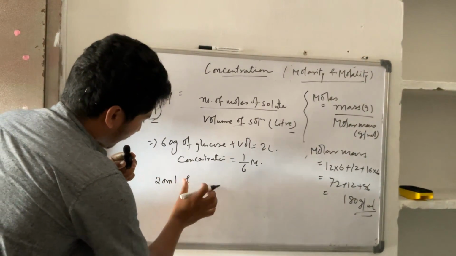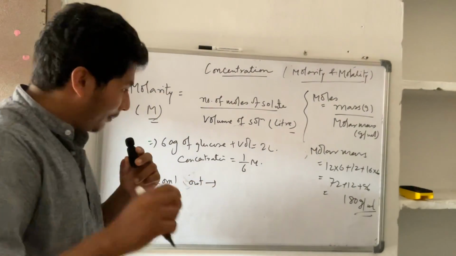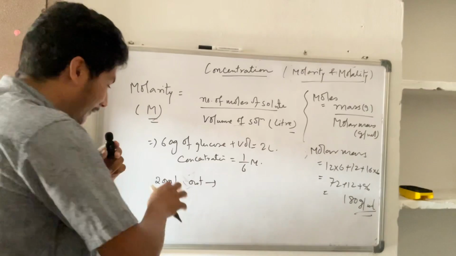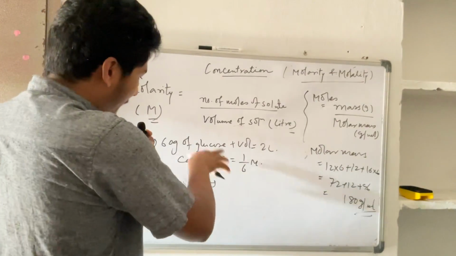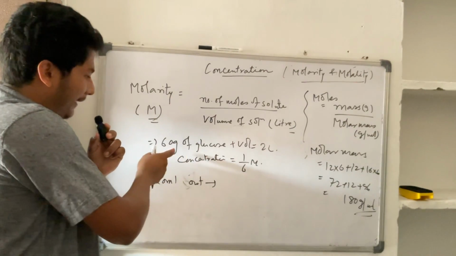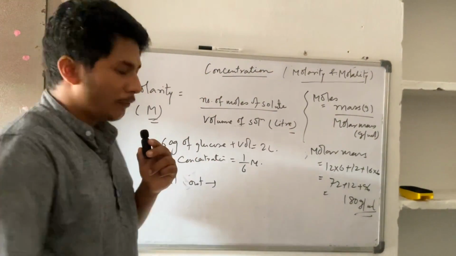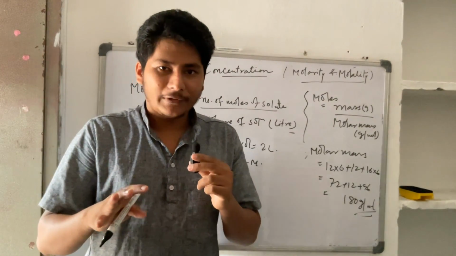You have been asked how many grams of glucose are present inside this 20 ml of solution, taken out from the solution prepared by adding 60 gram of glucose and making the volume 2 liter. So I hope you have understood the question.